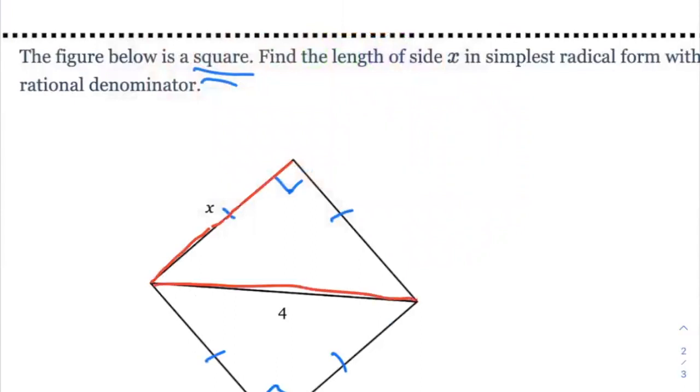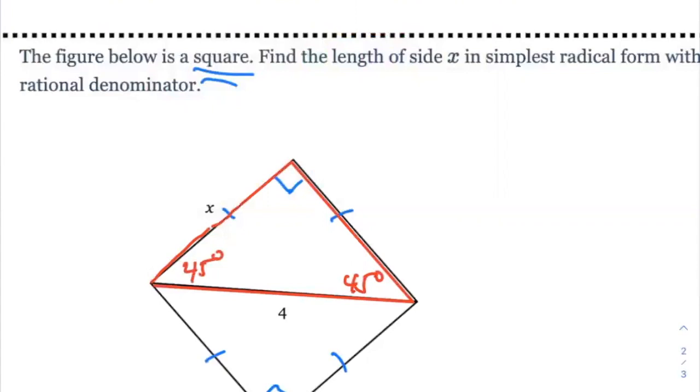This half of the square happens to be, obviously, a triangle, but think about it. That's 90. Sides are equal, congruent, which means the angles here have got to be congruent. So this is a 45, 45, 90 right triangle.